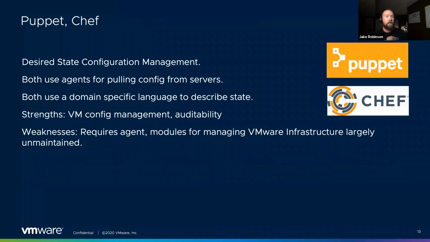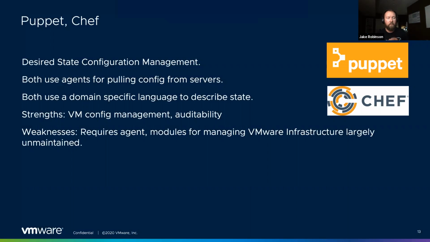Okay. The next tool in the toolbox here, and I'm lumping a couple of these together because they have very similar mindsets. So you'll see that I've lumped some different tools together. Puppet and Chef excel at desired state configuration management. Puppet has a pattern around package file resource that is just really good for maintaining packages on virtual machines.